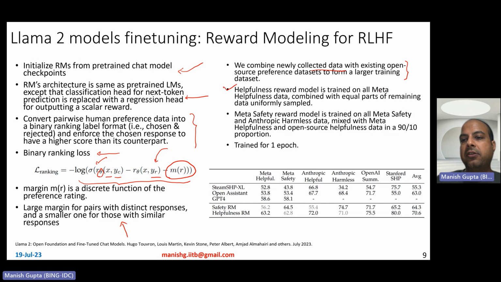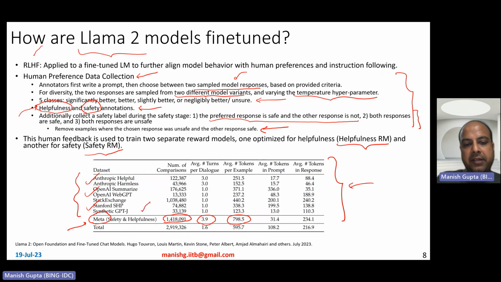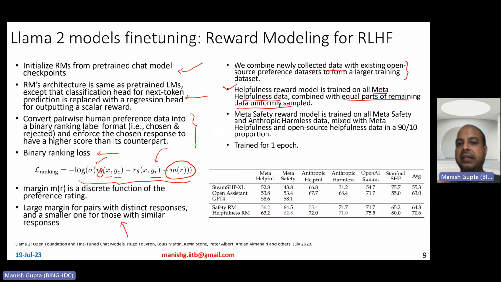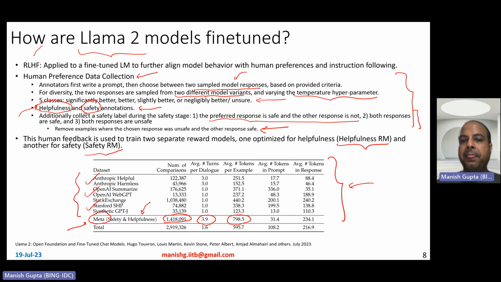The helpfulness reward model is trained on all Meta helpfulness data combined with equal parts of remaining data uniformly sampled, including the safety data. So there are two reward models to be trained: the helpfulness reward model and the safety reward model. For the helpfulness reward model, you train on the helpfulness data, and you also combine equal parts of remaining data uniformly sampled from all of those other data sets which you see here.